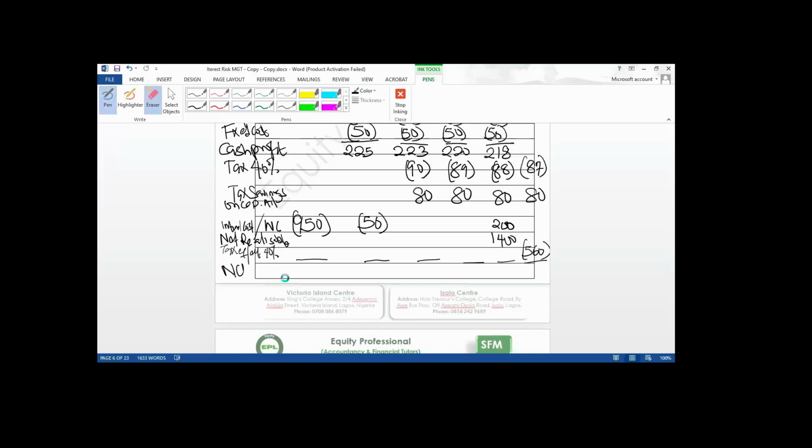Net cash flow, F dollar, this is 950. 225 minus 50, 175. 223 minus 90 plus 80.